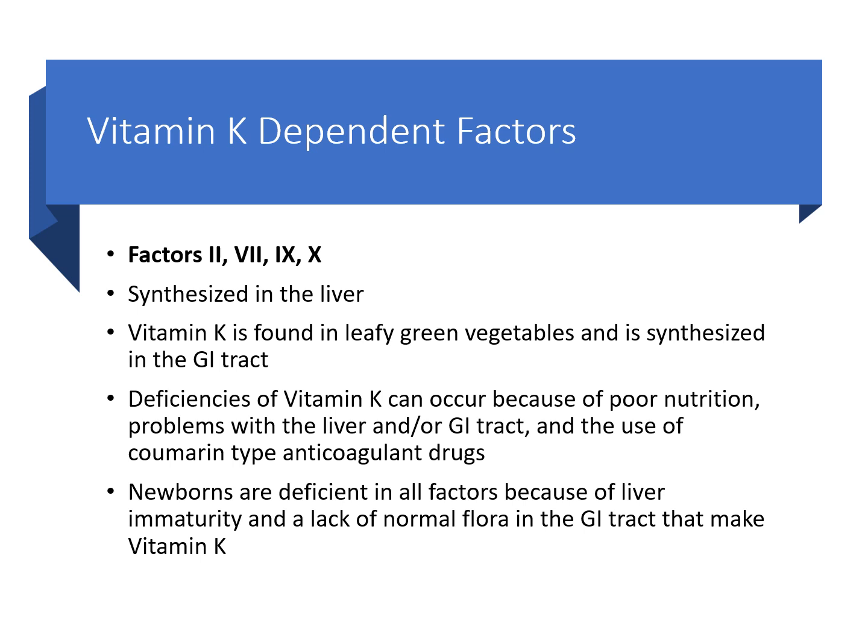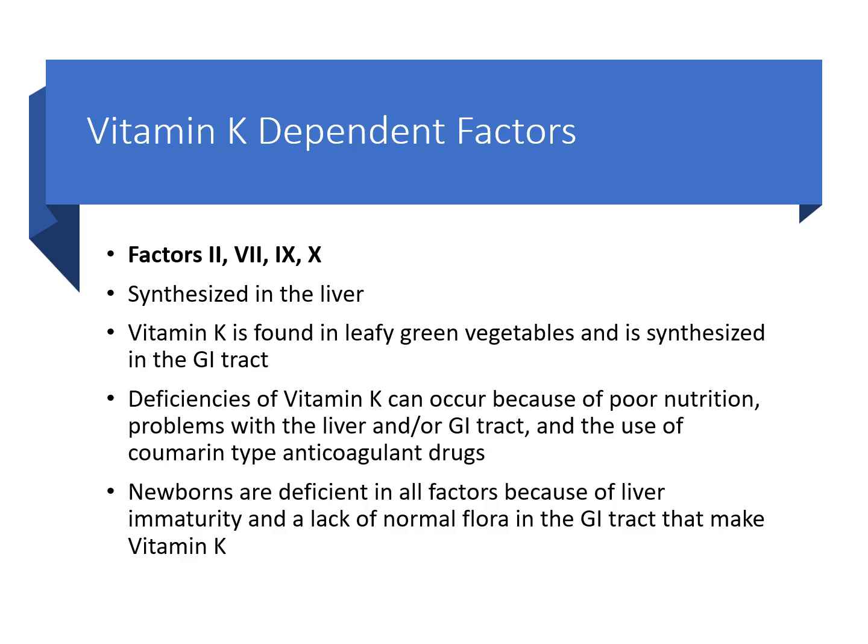So the bacteria in our GI tract actually breaks down the components of those leafy green vegetables and produces vitamin K. So the deficiency of the vitamin K can occur because of poor nutrition. So it might just be that we aren't eating enough of those sources that could be rich in vitamin K. It could be problems with the liver and or GI tract.